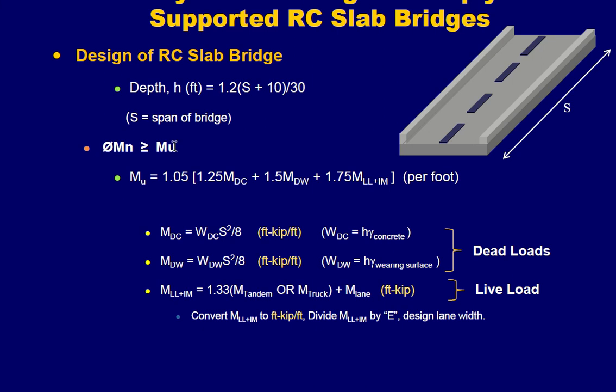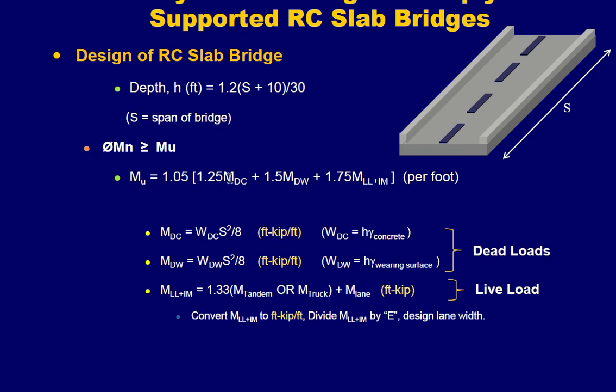Now, as we know the general capacity and demand equation, the demand should always be less than or equal to the capacity of the structure. Now Mu, which is the demand, is equal to 1.05, the ductility and redundancy factor for bridges, times 1.25 MDC.